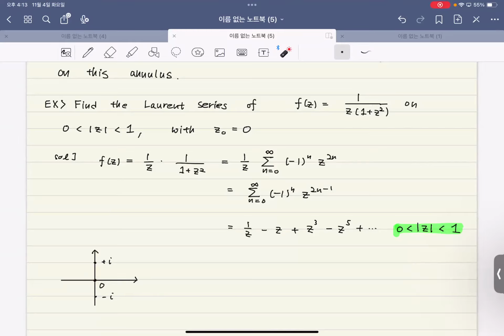So that means the maximum possible outer radius cannot exceed 1, right? And by the same reason, the smallest possible inside radius should be 0.